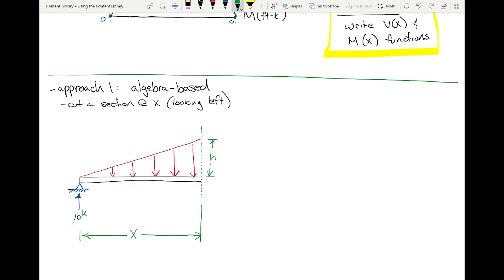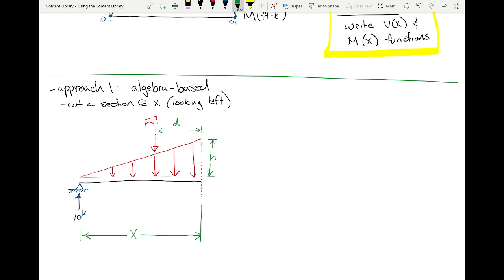What I need is I need to know F and I need to know D. And I need to know those in terms of x, okay?